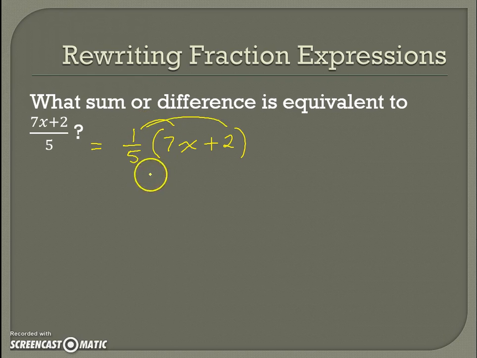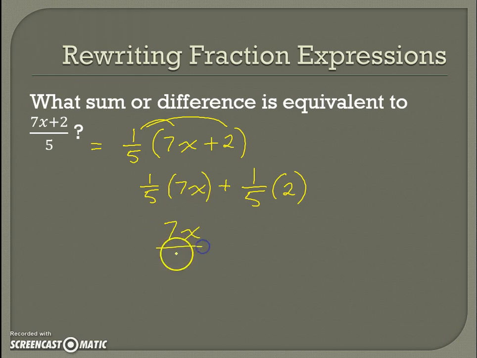So here I have 1/5 times 7x plus 1/5 times 2. And then I'm multiplying some values here. So 1/5 times 7x is 7x over 5, or you could do 7/5 x, that's the same thing. And then this right here is 2 over 5.